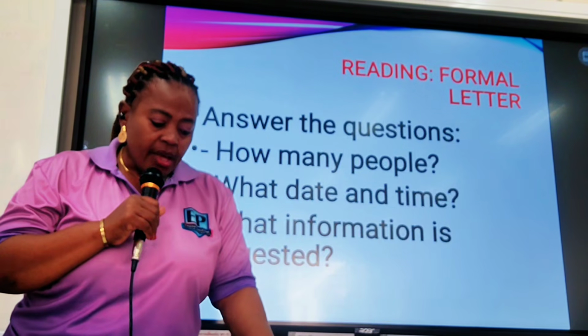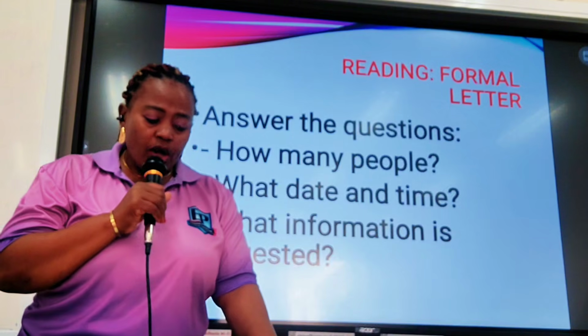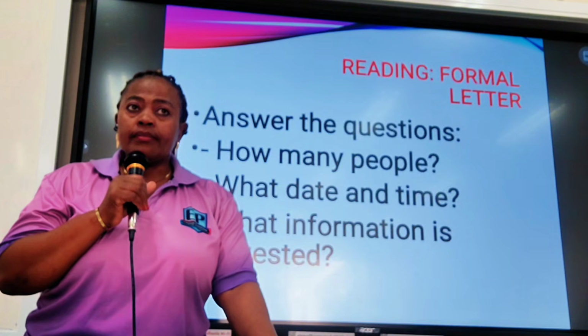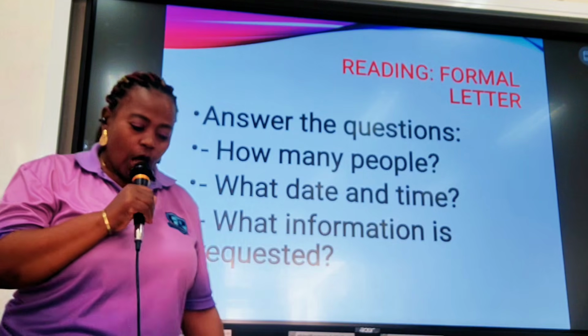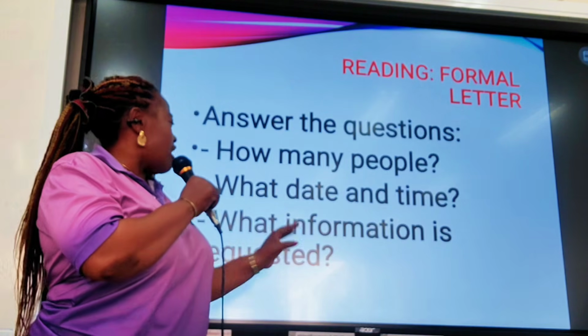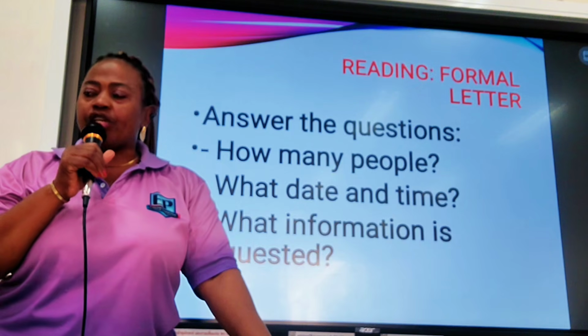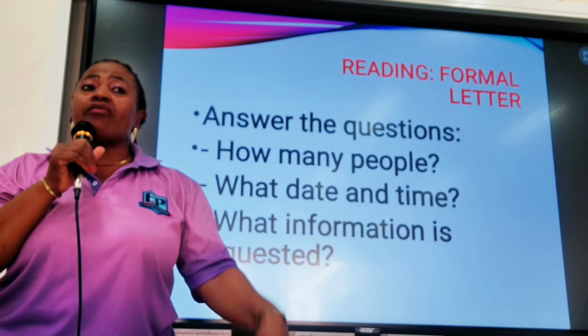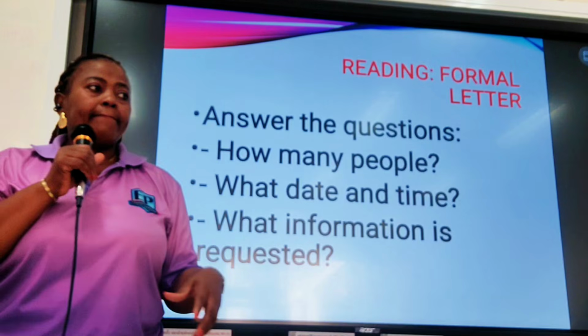Friday, 14th July. At what time? 7 o'clock. 7 o'clock, okay. And what information is requested? What is the requested information? What does the writer want to know about the restaurant? How much the set menu costs?